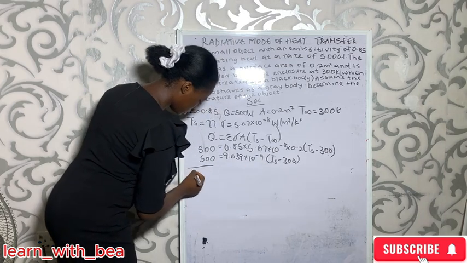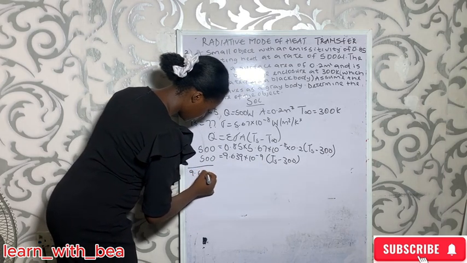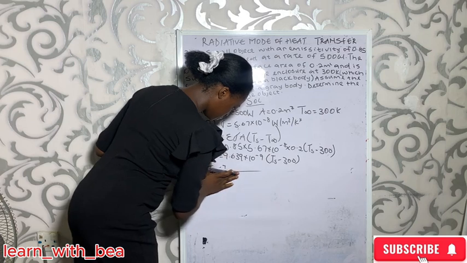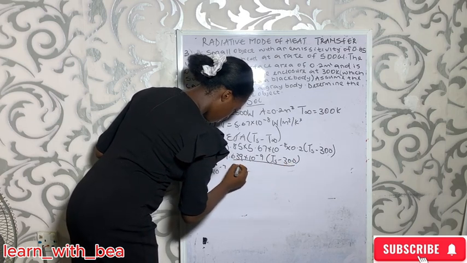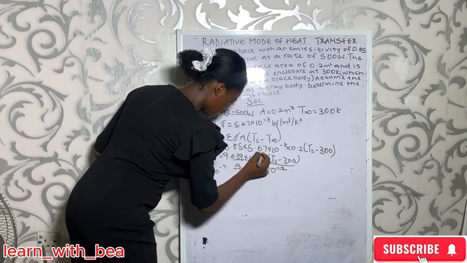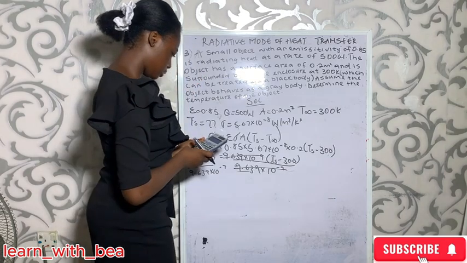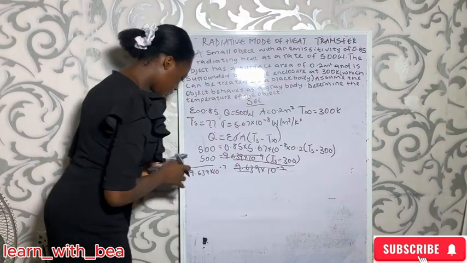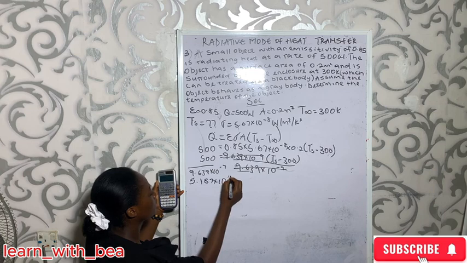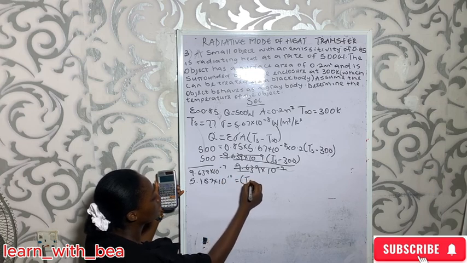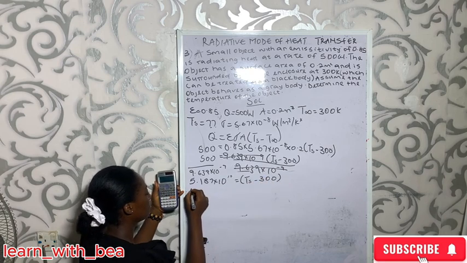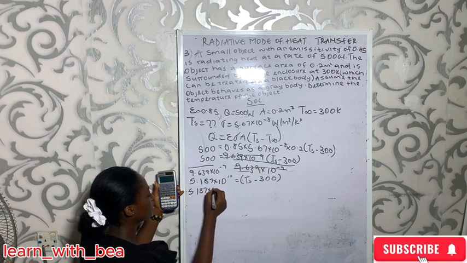Let's divide through by 9.639 times 10 power minus 9, so this cancels this. So 500 divided by that gives 5.187 times 10 power 10 equals Ts to the fourth minus 300 to the fourth.